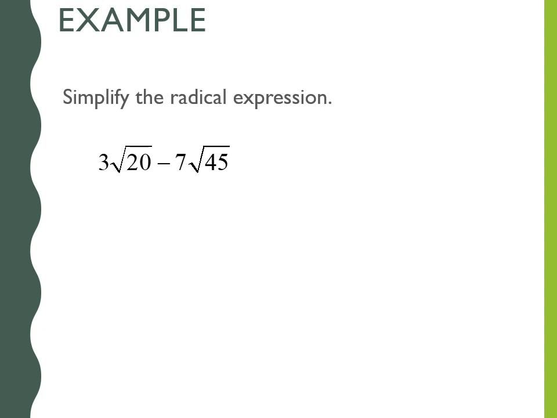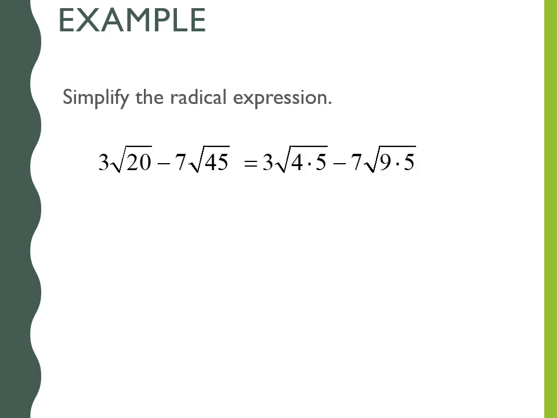Next, we have 3 square root of 20 minus 7 square root of 45. Again, we want to make sure that our radicals are simplified. So if I have the square root of 20 and the square root of 45, the perfect square that goes into 20 is 4, and that breaks down to become 4 times 5. The perfect square that goes into 45 is 9, and that breaks down to be 9 times 5.